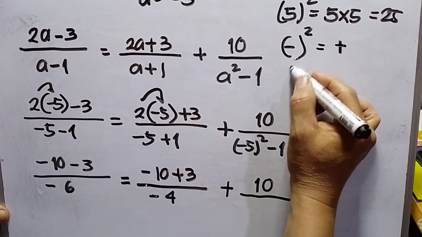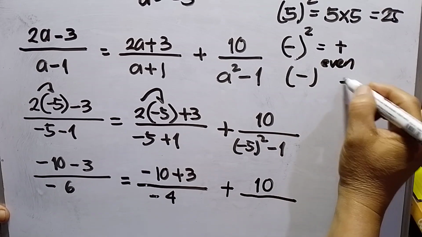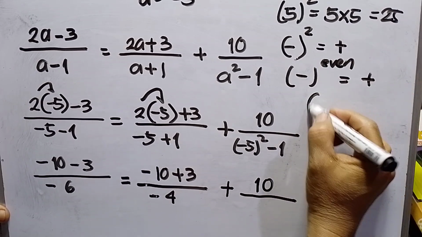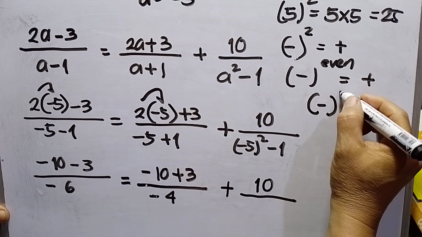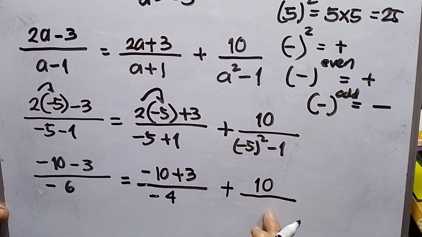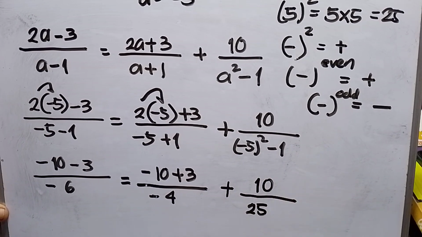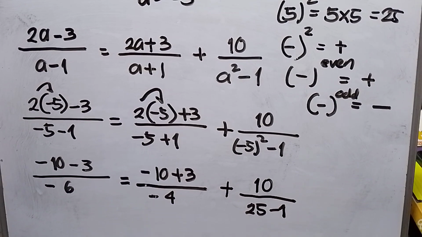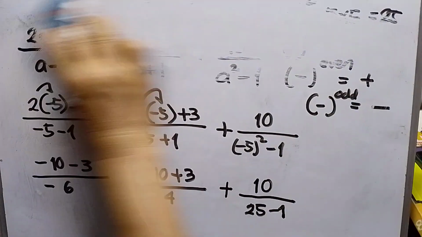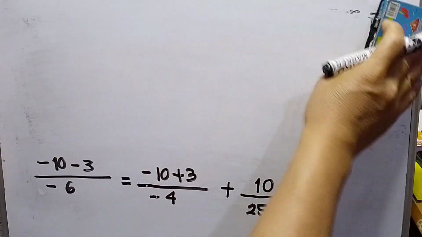Take note, if the exponent is even, the sign must be positive. If the exponent is odd, this will be negative. Okay? So this will be positive 25 minus 1. Then I need to simplify the denominators and numerators too.